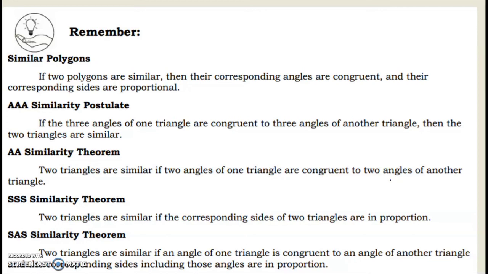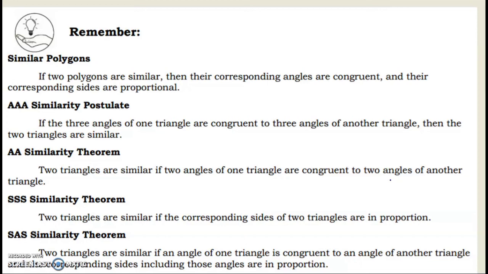AA naman, similarity theorem: two angles of one triangle are congruent to two angles of another triangle. Sa SSS similarity theorem, corresponding sides of the two triangles are in proportion. And the last one is the SAS similarity theorem. Two triangles are similar if an angle of one triangle is congruent to an angle of another triangle, and the corresponding sides, including those angles, are in proportion.